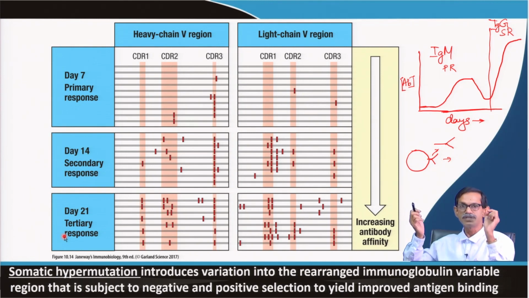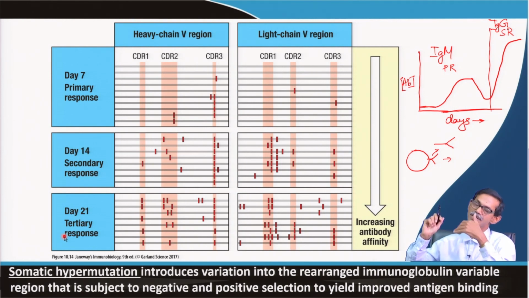So, this mutation can be either good or bad, because some mutation can introduce a stop codon in between the gene. So, that B cell will not produce the receptor anymore, right, it is random. So, what will happen? That B cell will die.